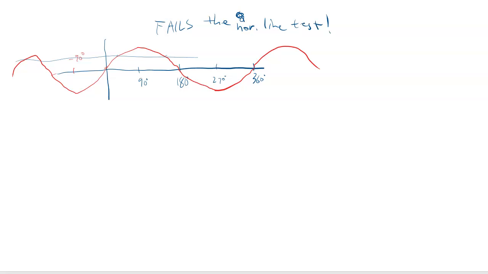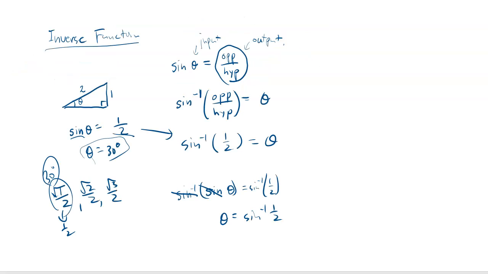So y equals sine of x fails the horizontal line test, which means you're not supposed to have an inverse function of sine. But because of the reason I explained before, we really need the sine function.